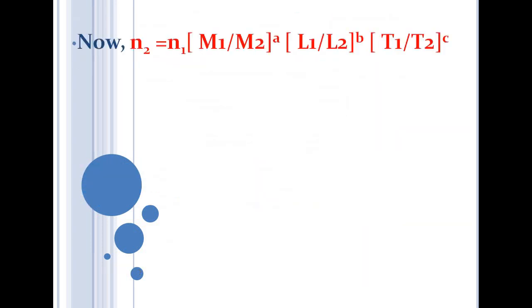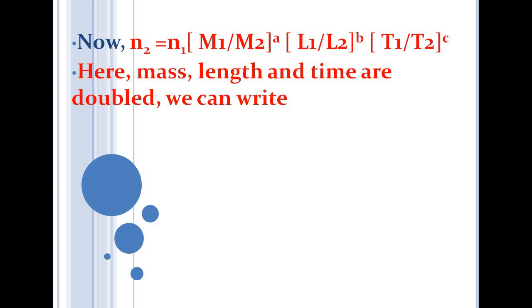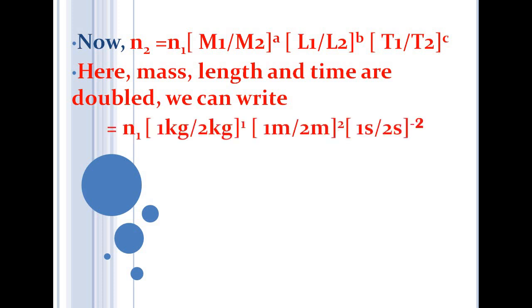Now we have to check whether there is any change in the numerical value. So use this formula, n2 equals n1 (M1/M2)^a (L1/L2)^b (T1/T2)^c. The condition is mass, length and time are doubled. So just replace the values in the formula. n1 is given as it is.